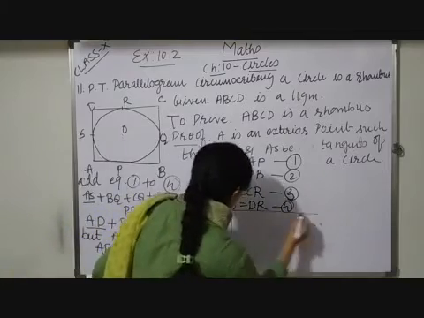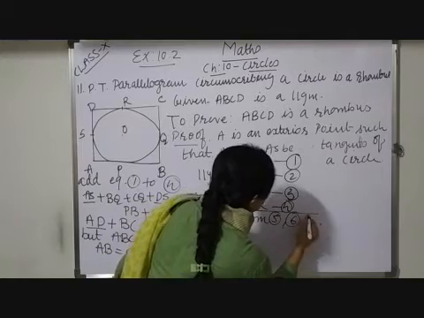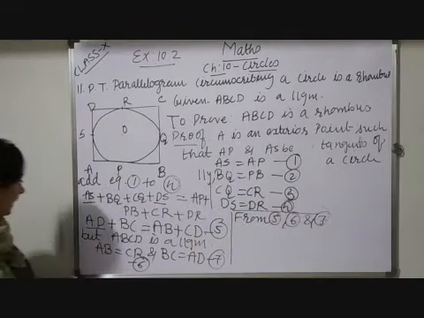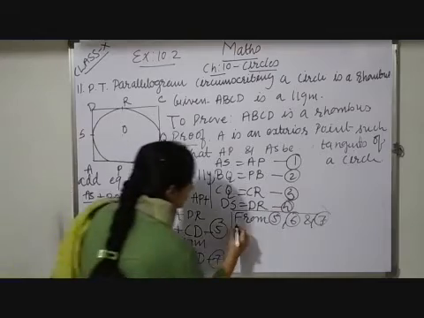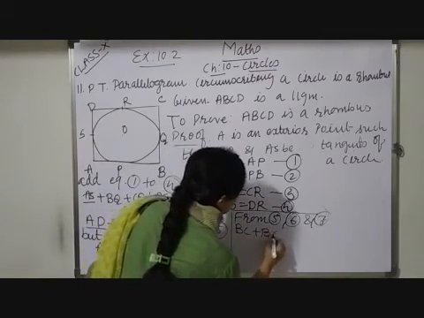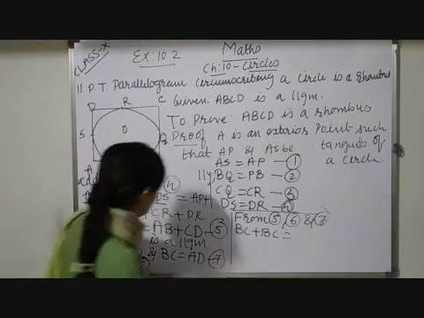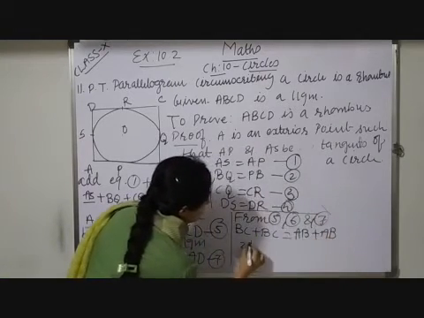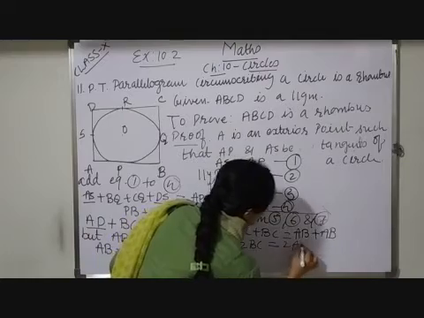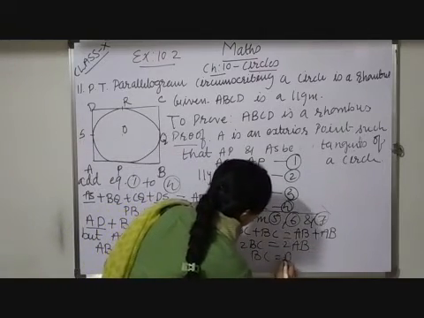So now from equations 5, 6 and 7, in place of AD from equation number 7 I am writing BC. So BC plus BC is equal to, in place of CD using equation number 6, I am writing AB. So AB plus AB. So 2 times BC is equal to 2 times AB. The 2 will be cancelled out. Now BC is equal to AB.